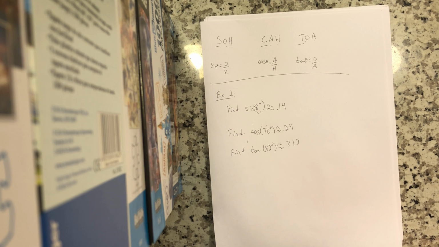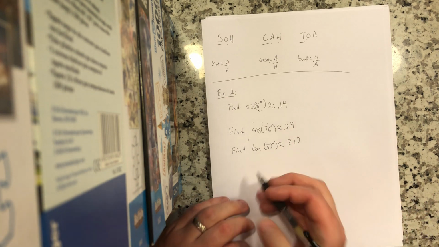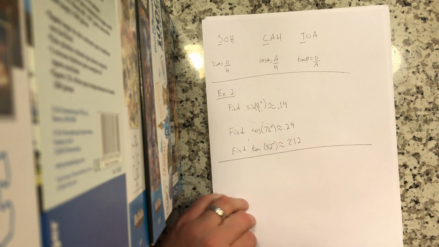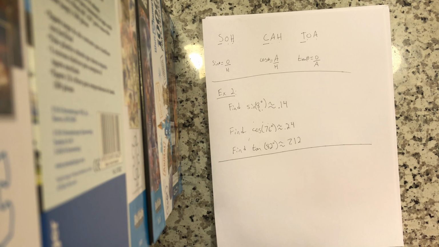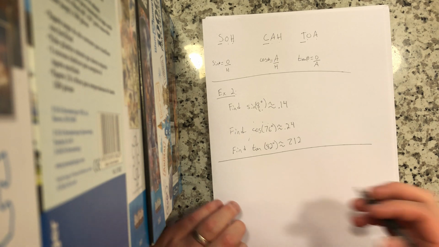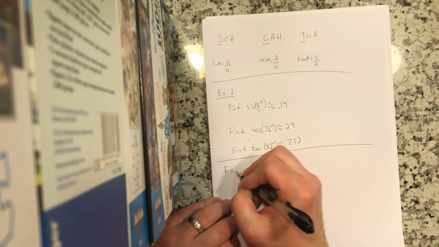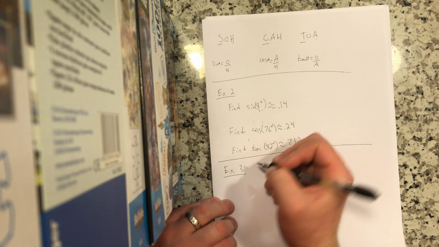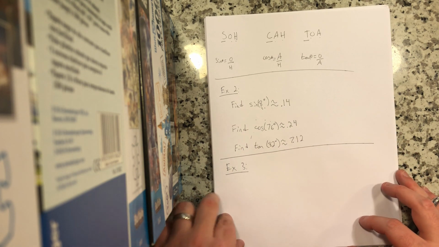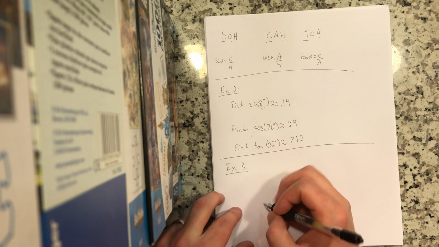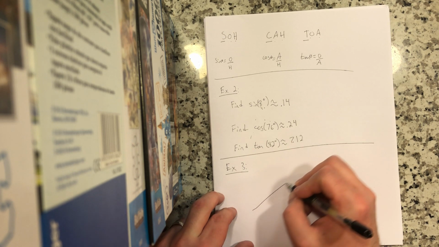All right, so the next thing I want to do is talk about using trig ratios to find a length. So this is going to be example 3. Let's say we have a triangle that looks like this.